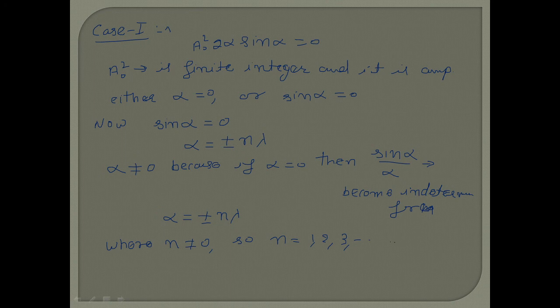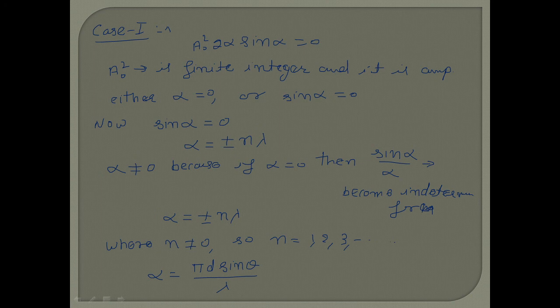From this we get the values, as in the previous assumption. We assume alpha is equal to pi d sine theta divided by lambda.